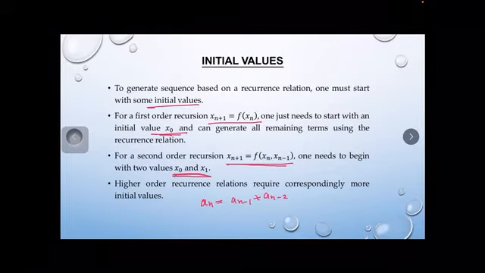If we have the initial values a0 equal to 1 and a1 equal to 1, we can find the next terms of the series.